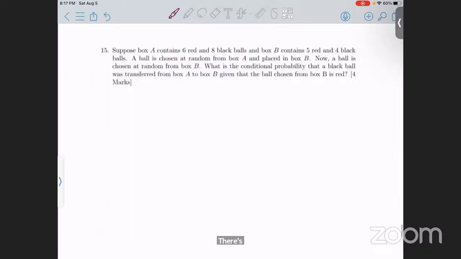Suppose box A contains 6 red and 8 black, and box B contains 5 red and 4 black.